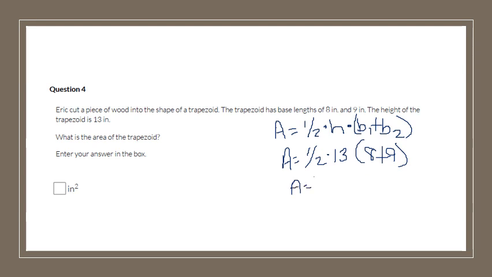So I'm just going to rewrite, combining the 8 and the 9, and that's going to be 17. And now I'm just going to multiply 1/2 times 13 times 17, and I do get that the area is 110 and 5/10 inches squared.